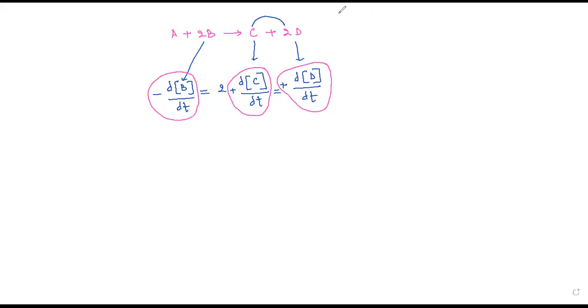Finally, with respect to A, see with respect to A, rate of appearance of D can be given as 2 times the rate of disappearance of A. You can check this carefully. Come on, once again.